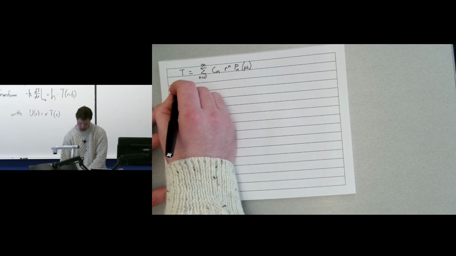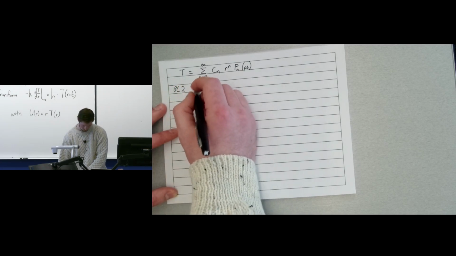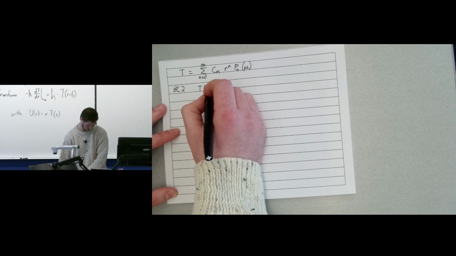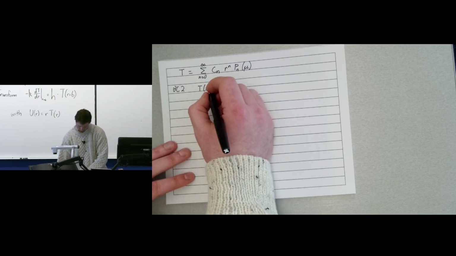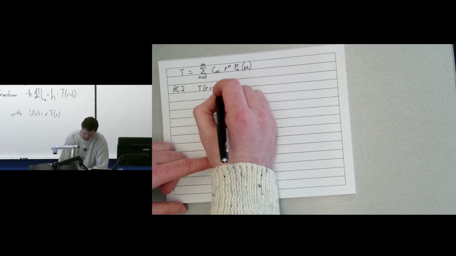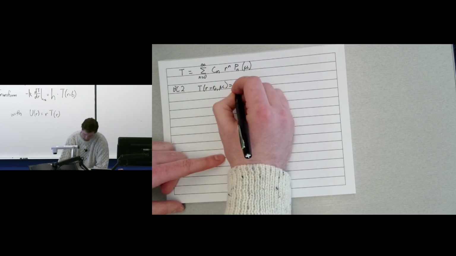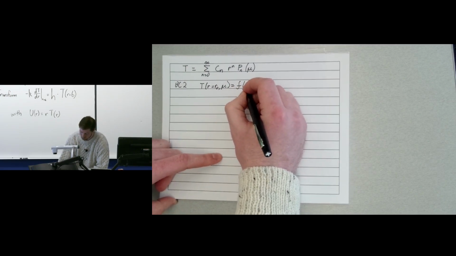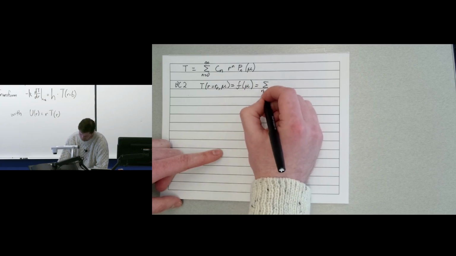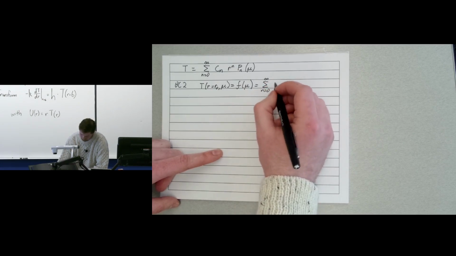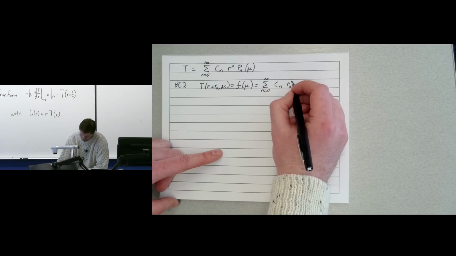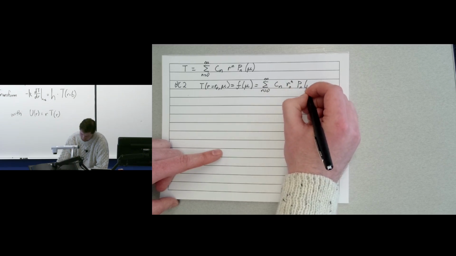We're going to apply our boundary condition 2, which means T of r, at r equals r naught, comma mu, equals some function in the mu direction. It's going to equal the summation from n equals 0 to infinity of C_n r naught raised to the nth power times our Legendre polynomial.